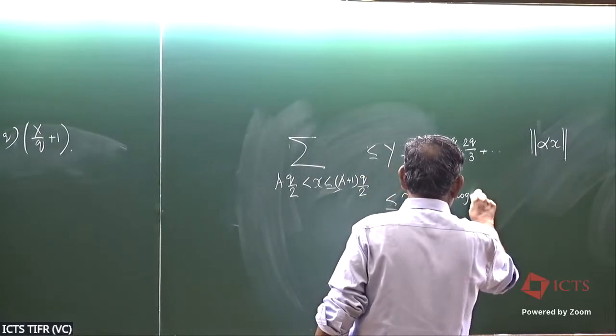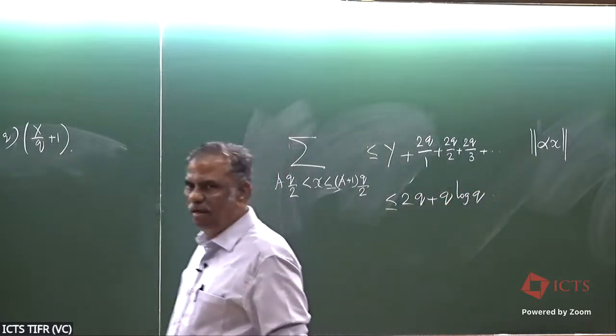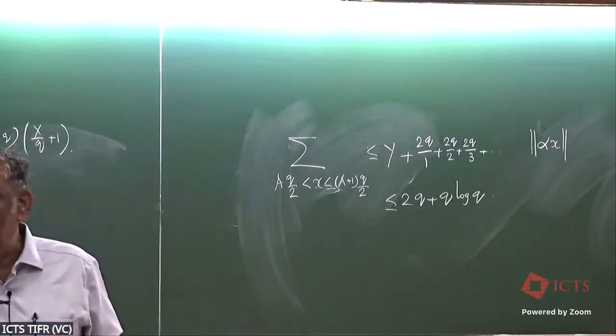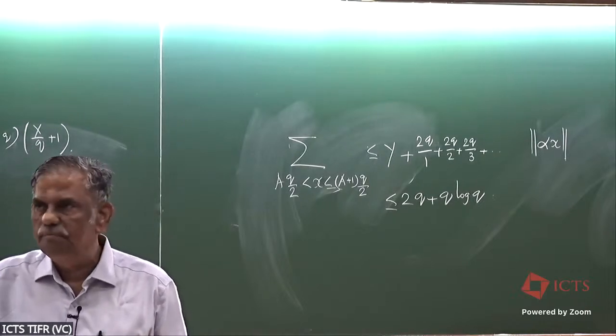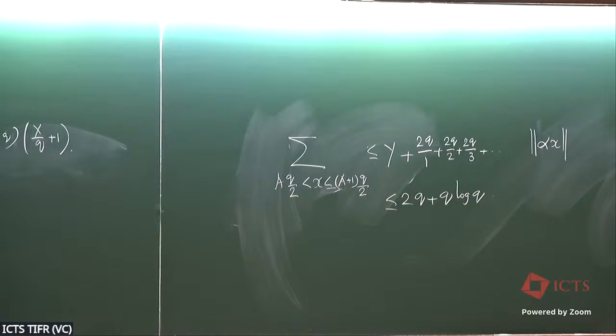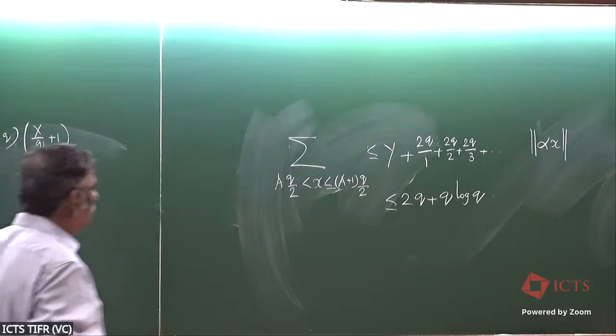Since I am not fighting for the constant, that's okay. And then, of course, take the interval 1 to q, break them into intervals of length x over 2, and so on and so forth. Is it okay? Yeah. Y plus 2q log q, sorry.